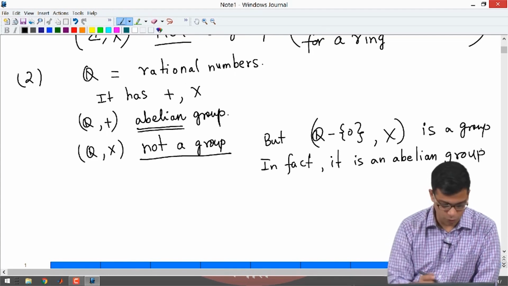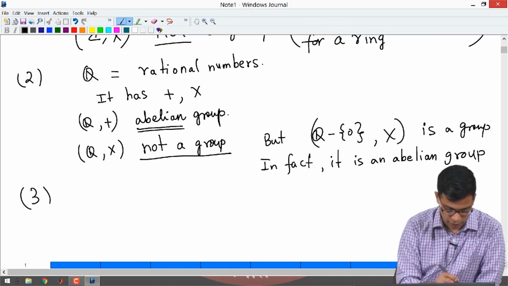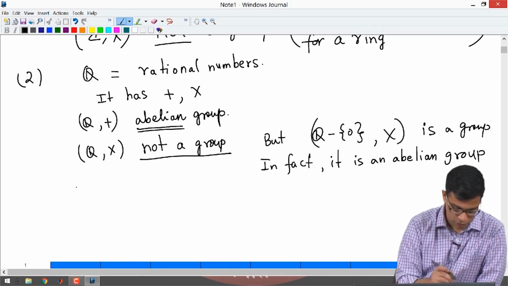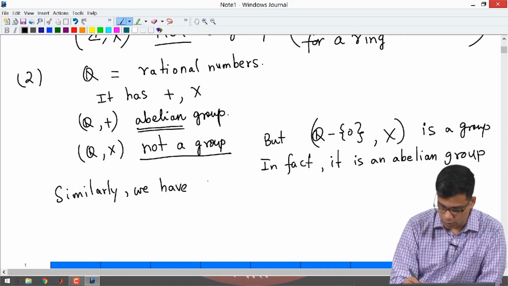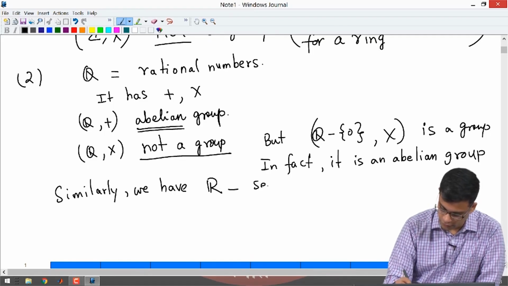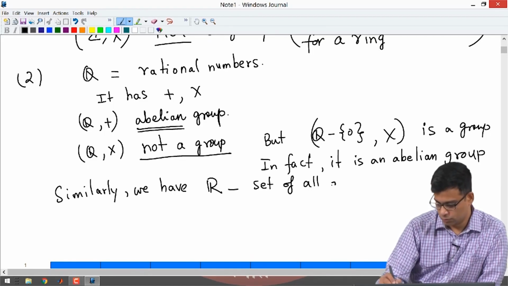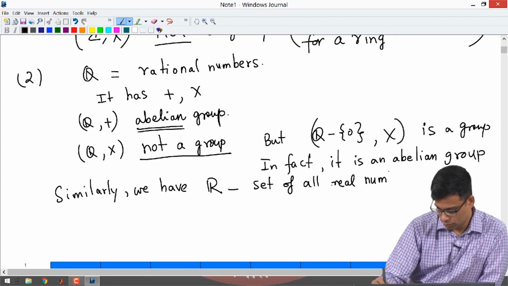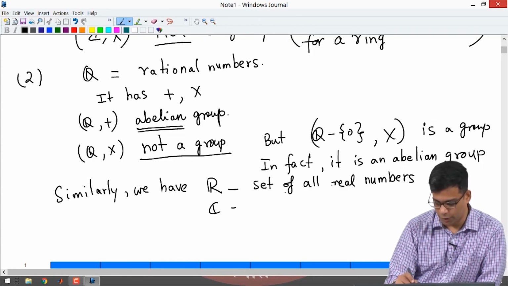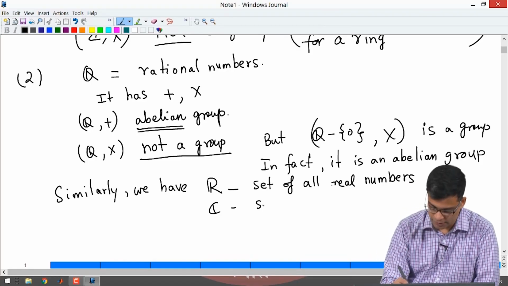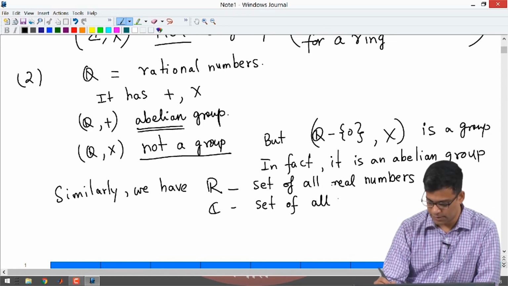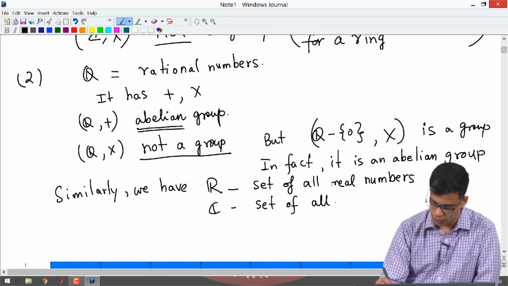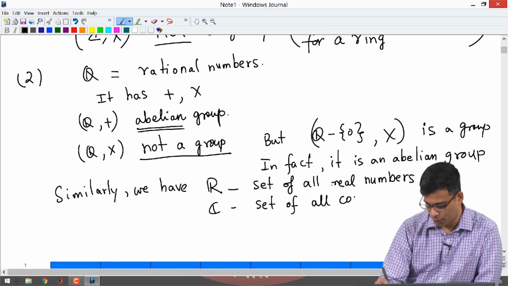Okay. So, I will just do 1 or 2 more examples. So, this is not really a new example. Similarly, we have the real numbers, the set of real numbers, and C stands for the set of all complex numbers. I am introducing these because these are important sets for us that provide very important examples for rings and fields that we talk about in this course.